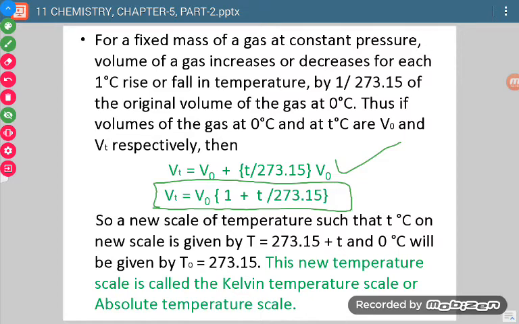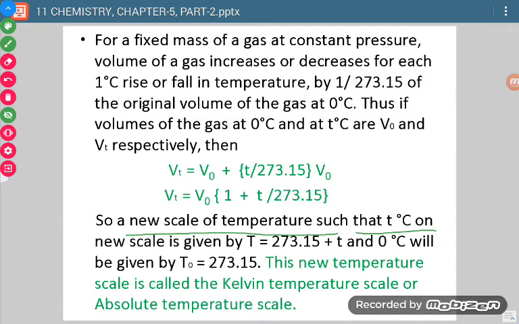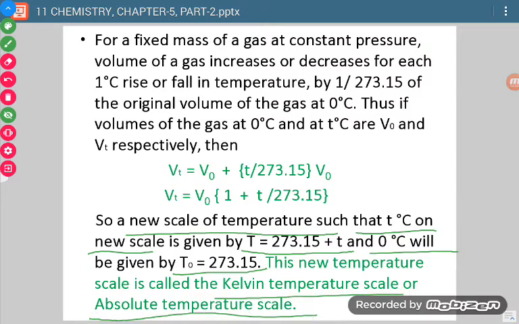Okay, so here what we say, on the basis of this, a new scale of temperature such that T degree Celsius on new scale is given by T is equal to 273.15 plus T, and 0 degree Celsius will be given by T naught or T0 is equal to 273.15, means it is Kelvin scale. At Kelvin scale we are talking about. Okay, so this new temperature scale is called Kelvin temperature scale or absolute temperature scale.